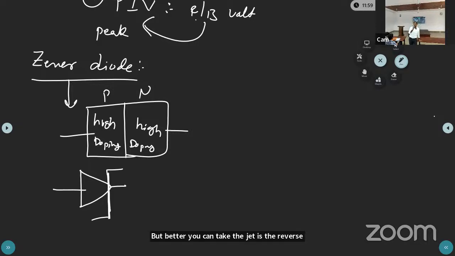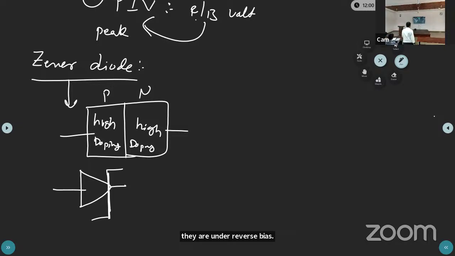That indicates the Zener diode works under reverse bias. The reverse Z symbol shows that the Zener works under reverse bias.